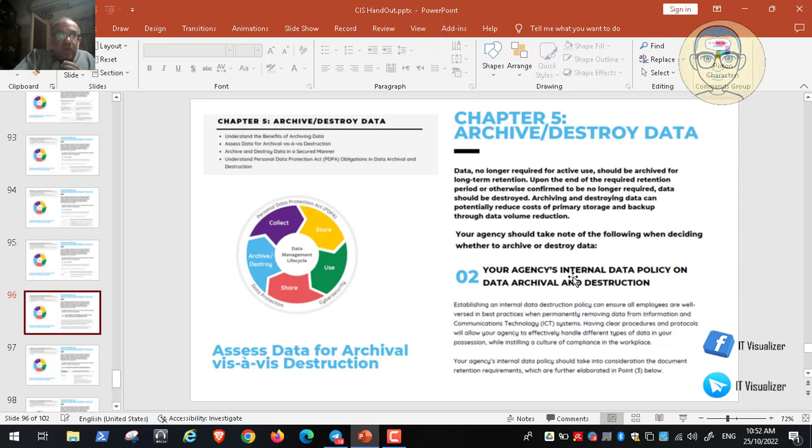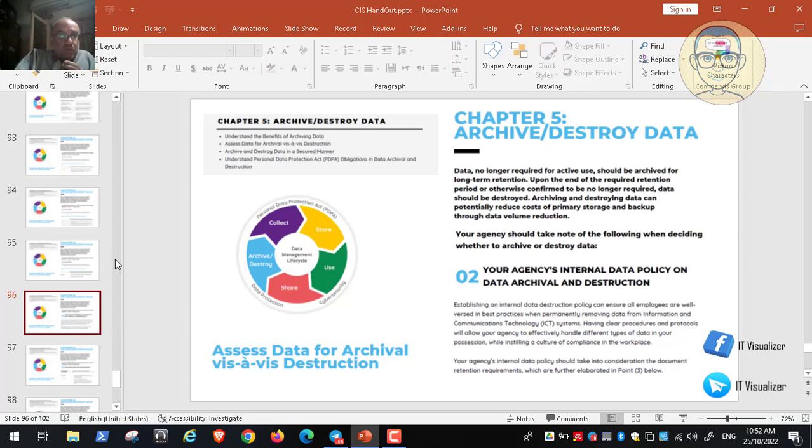You should make a sub policy called internal data destruction and archival. I will show you some examples from the AUC, the American University in Cairo, which has something concerning the retention period of their documentation, and the University of Dammam in Saudi Arabia has the same. I will show you some examples about this one.